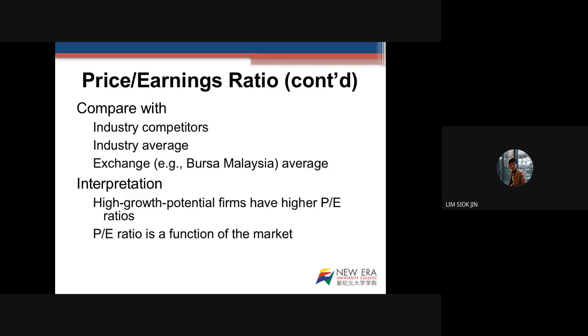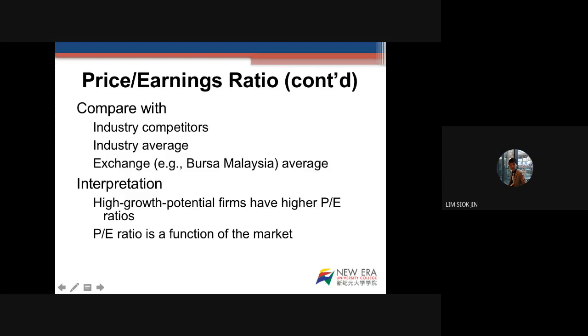It's not shares outstanding. So PE ratio is used to calculate companies' shares. You have to take the price of the share divided by the earnings per share of each company.